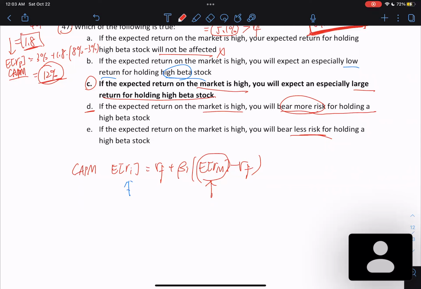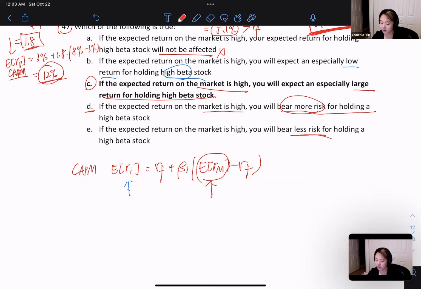So does risk have anything to do with beta? It has, but what D and E are saying is that if the expected return on RM increases, your beta will increase, or you will bear more risk.